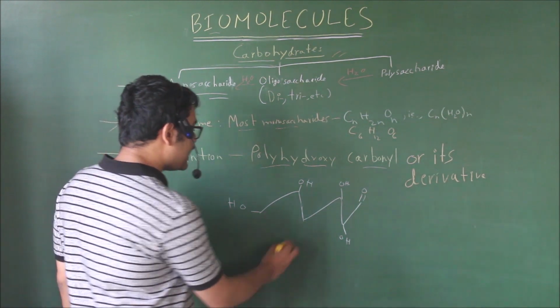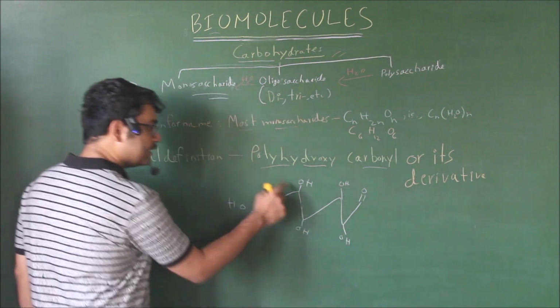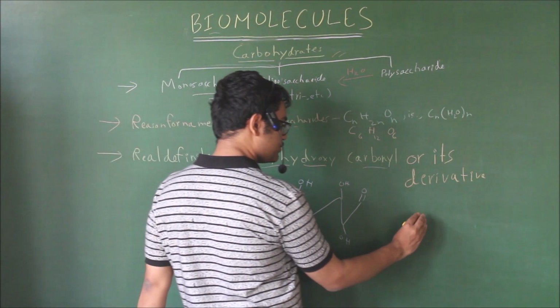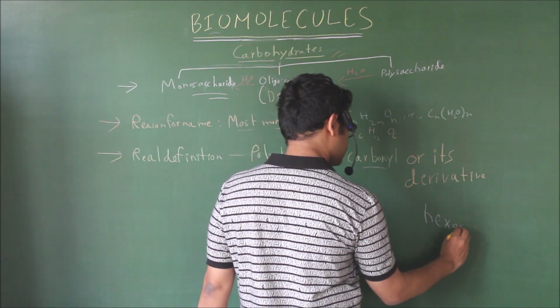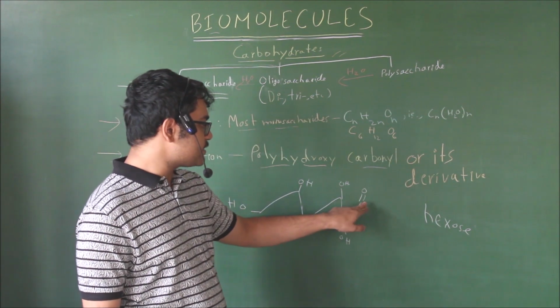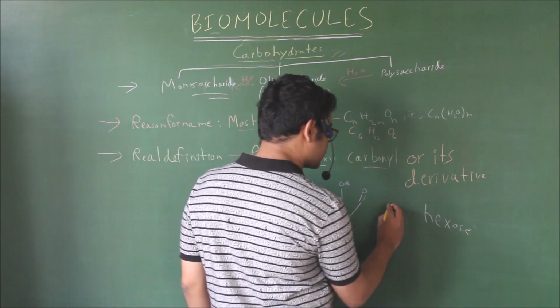If I add a final OH such that every single carbon except the aldehyde carbon has an OH on it, then this is called a hexose. More specifically, since it's an aldehyde, it's called an aldohexose.